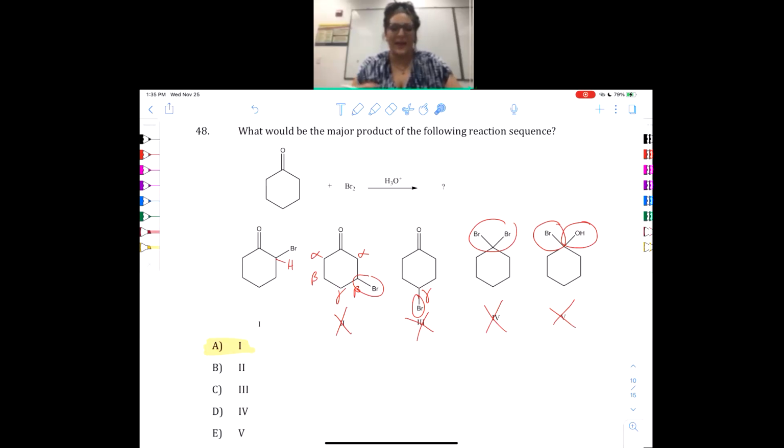So even if you didn't really know anything about how this chapter works and all you knew is that you add a bromine somewhere, you could get rid of these 2 and then you have a better shot. So yeah, test taking skills is really huge for this class. He definitely will ask you questions like this.